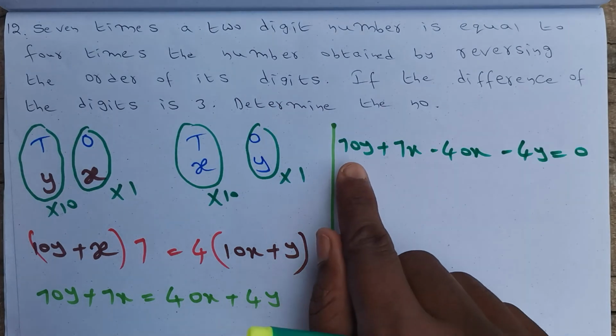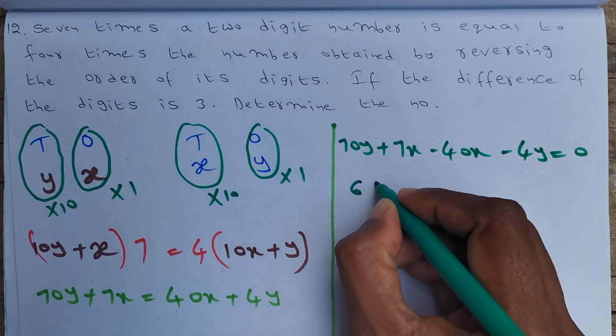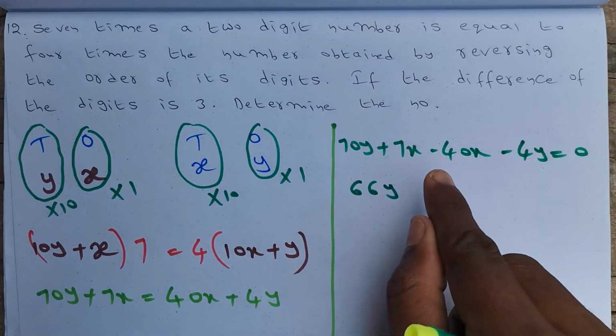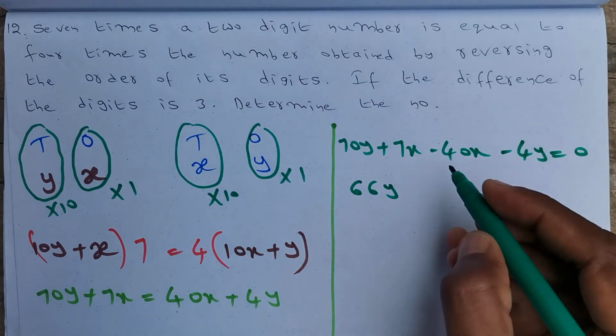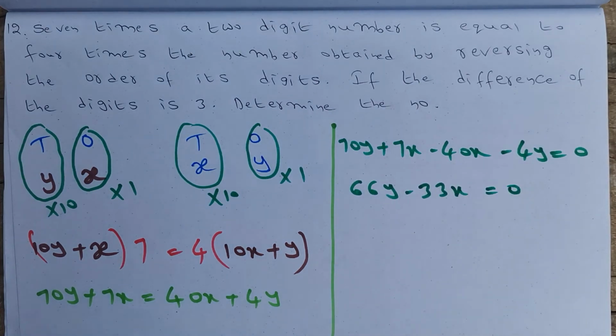Now 70y minus 4y is 66y. 7x minus 40x is minus 33x, equal to 0.